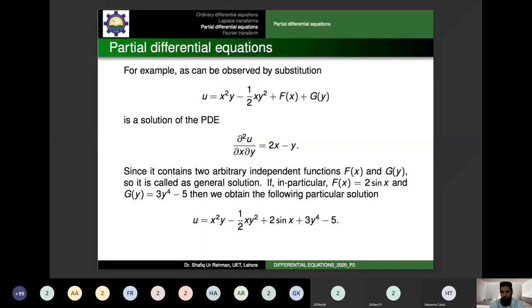We need to replace those arbitrary independent functions by certain expressions. So this is how we say that u involving f and g is a general solution, and the one obtained from the general solution by giving particular expressions to f and g is going to be a particular solution.